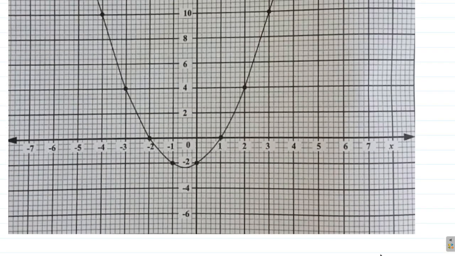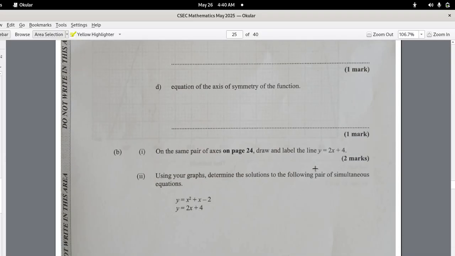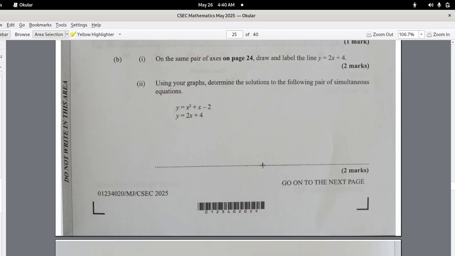So they say the graph of y equals 2x plus 4. Draw and label that. Let's write down y equals 2x plus 4.